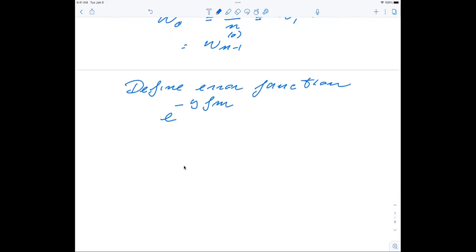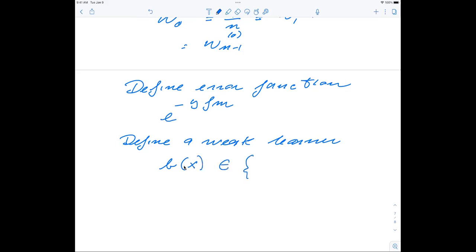Then you need to define a weak learner. And this weak learner is this function b, which we called. This is a function which in our case takes an argument x, and it gives an output which, in the algorithm which we wrote, is tailored to the case where the output is minus 1 or plus 1.